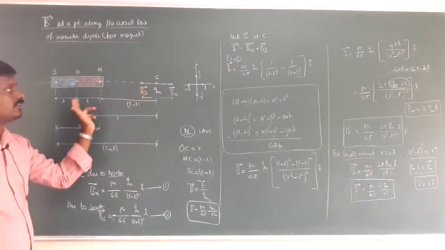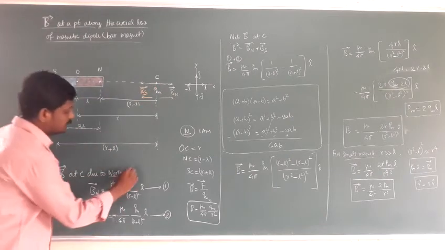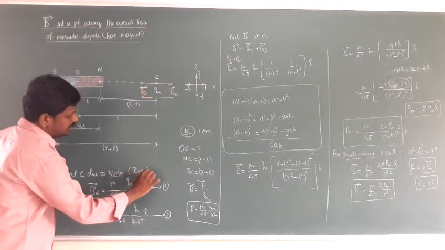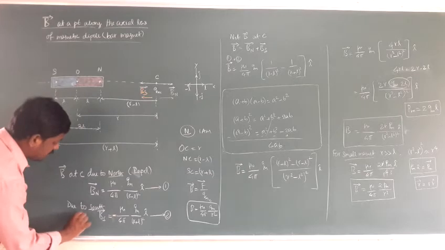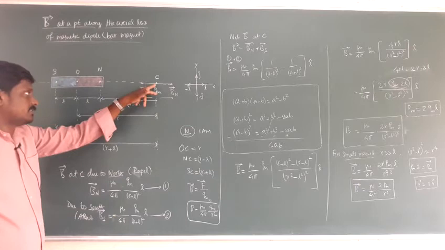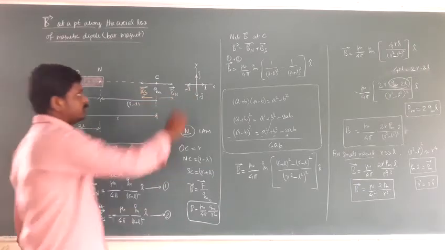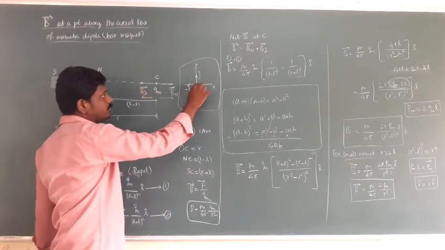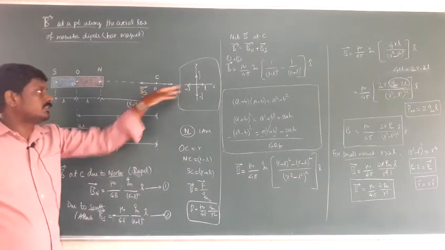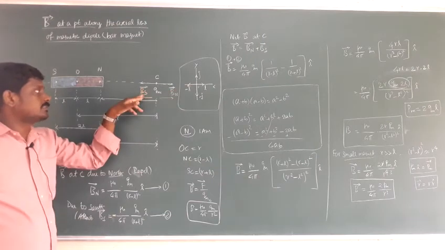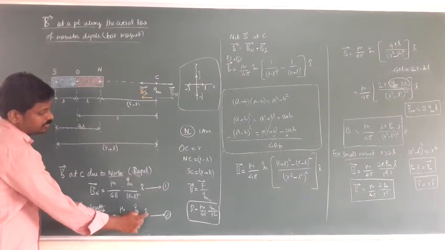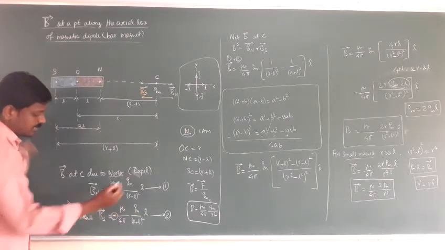Due to the north there should be repulsion, and here there should be attraction. But see the direction in the graph. From the origin, it's away from the origin, towards the left-hand side, so it's minus i. So it's minus mu 0 by 4 pi, Qm by R plus L whole squared, i cap. Just observe that minus sign.